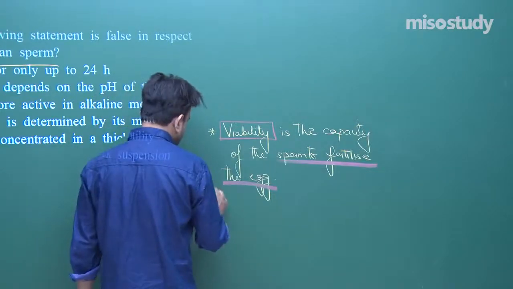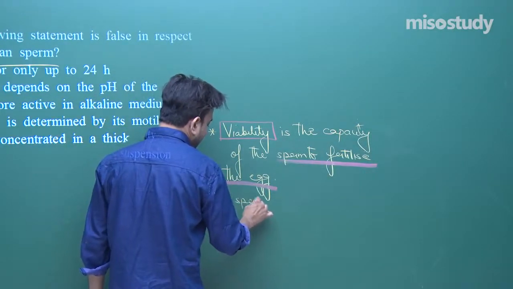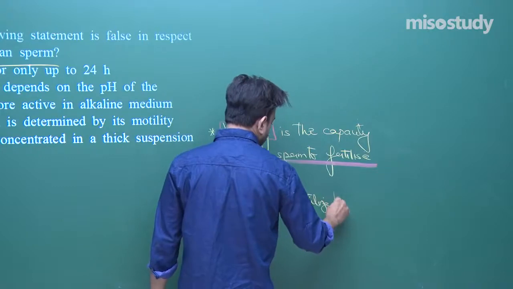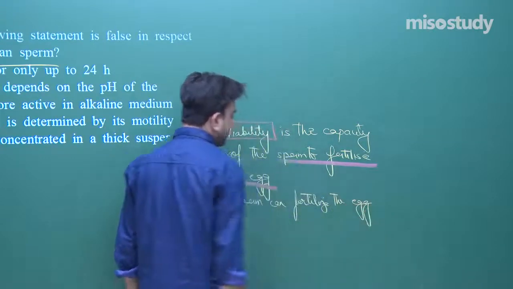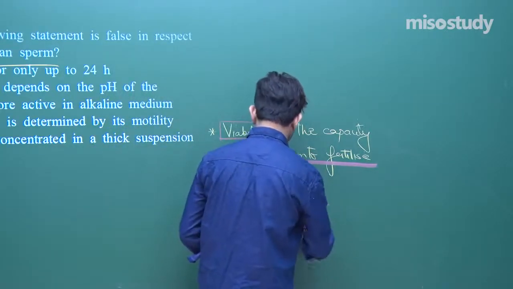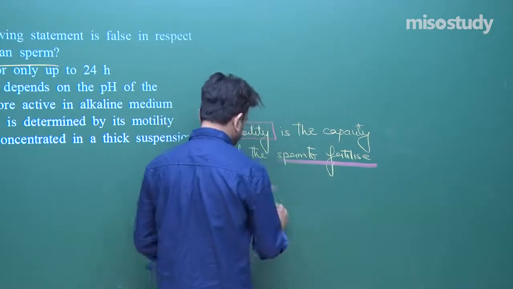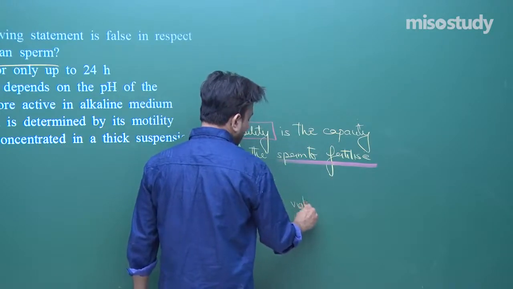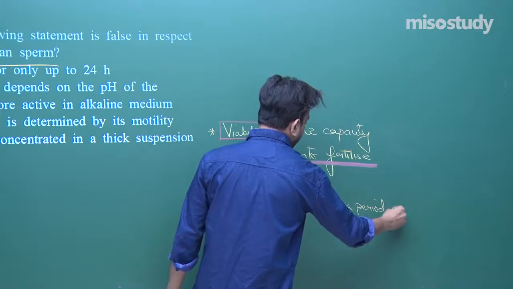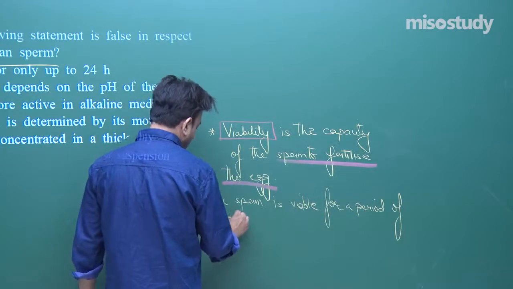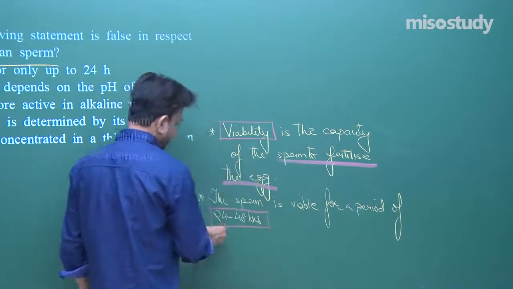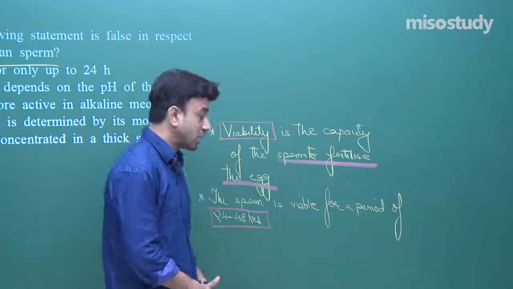So the sperm can fertilize the egg, or we can say in a way the sperm is viable for a period of 24 to 48 hours.